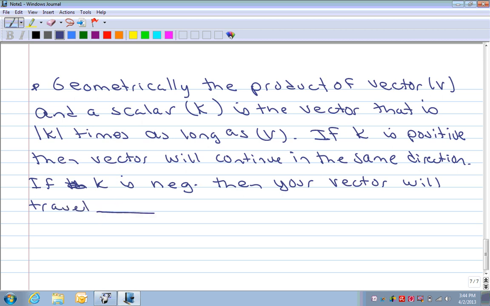I'm going to leave it for you to find out. You either Google it or you can look it up in your book, but I want you to tell me in your own words what happens if the scalar is negative. You have a computer in front of you, just Google what happens to your vectors when scalars are negative, and write down and fill in that blank. I'm going to look for that in your notes tomorrow.